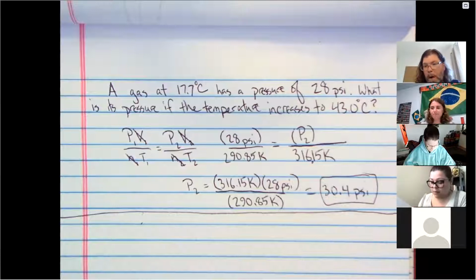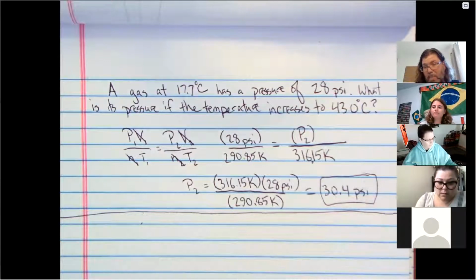But if you don't care and you want to just work on loose leaf paper, as long as you number your problems so that I know what you're answering, I can grade that. So either way is completely fine. One thing that I will dissuade people from doing is actually typing things and turning them in. For some of the labs, it's fine.